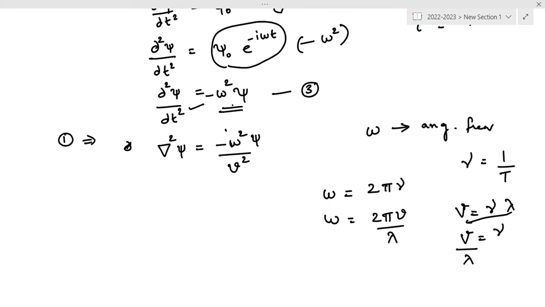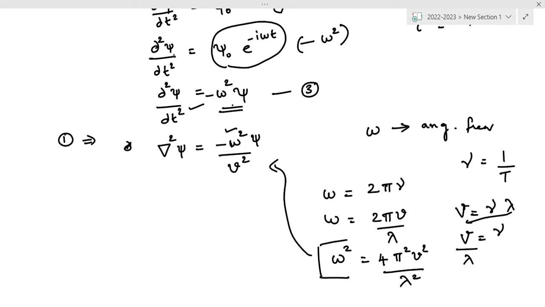We have omega square here, therefore omega square is equal to 4 pi square V square by lambda square. Substituting omega square in the above equation, we get del square psi is equal to minus omega square, which should be replaced by 4 pi square V square by lambda square.